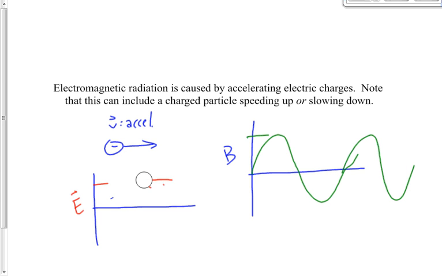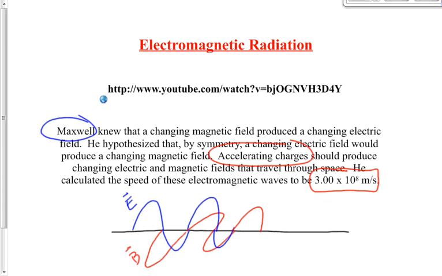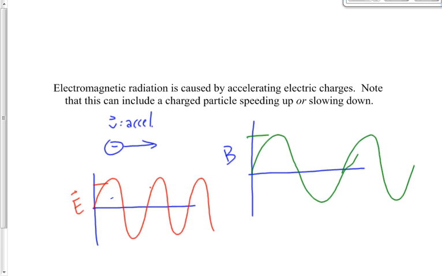You also, by the way, have an electric field that's perpendicular to that, that's changing in magnitude. And then it goes back to the electric field causing more magnetic field, and magnetic field causing more electric field, and so on. So now we've got electromagnetic radiation. Again, simply because the charged particle wasn't going at a constant speed, but rather the charged particle was accelerating in some way.